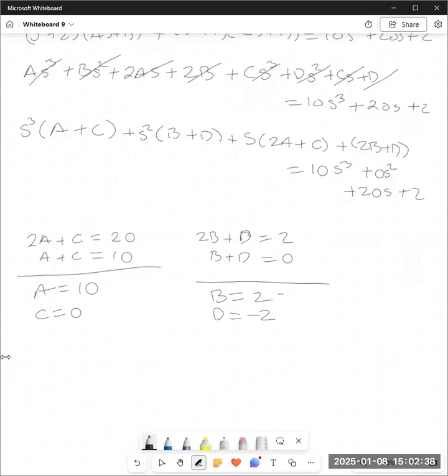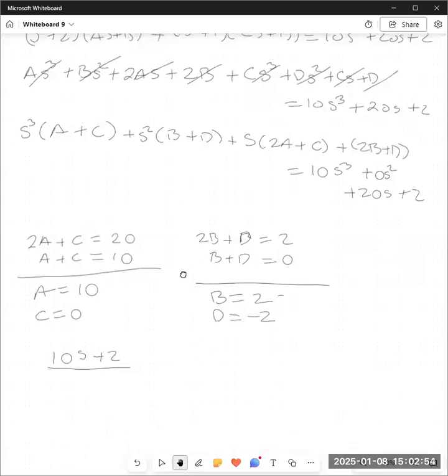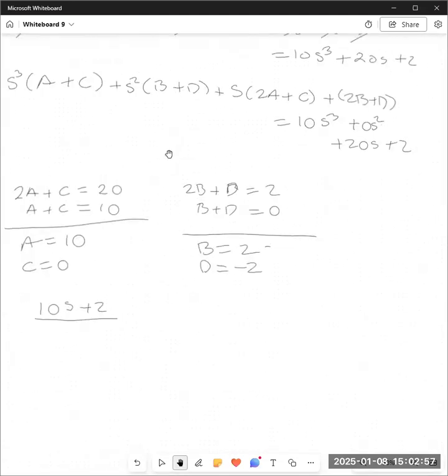So we have 10s plus 2 over, I just want to make sure I have my denominators the same way here as on my paper, s squared plus 1, plus cs plus d over s squared plus 2 is what my capital Y of s is.